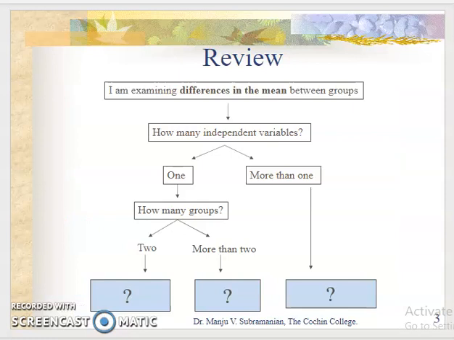So previously in biostatistics, we have discussed certain terms called mean, median, mode, then deviation, variable, etc. If you want to find the differences in the mean between the groups, first of all we have to check whether it is a dependent variable or independent variable, and how many independent variables there are, whether one or more than one, two or more than two.